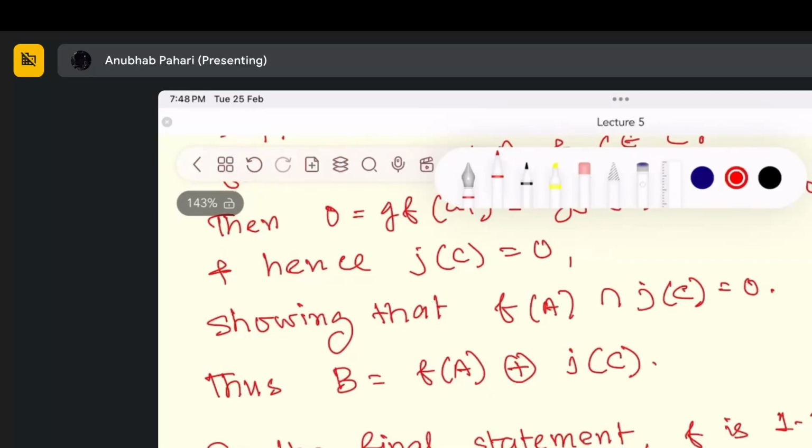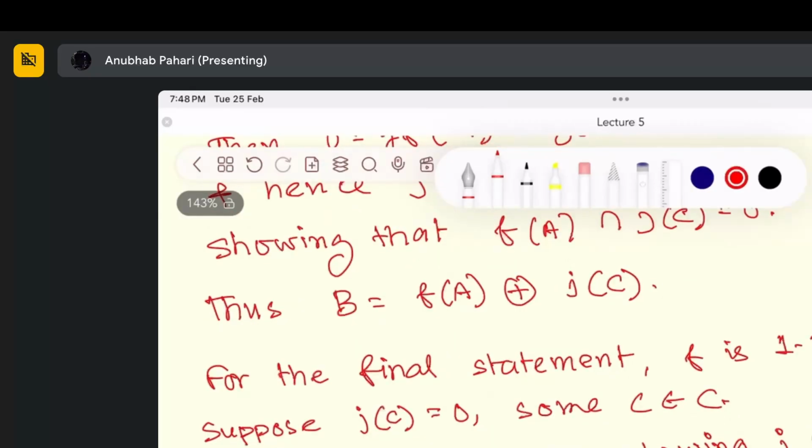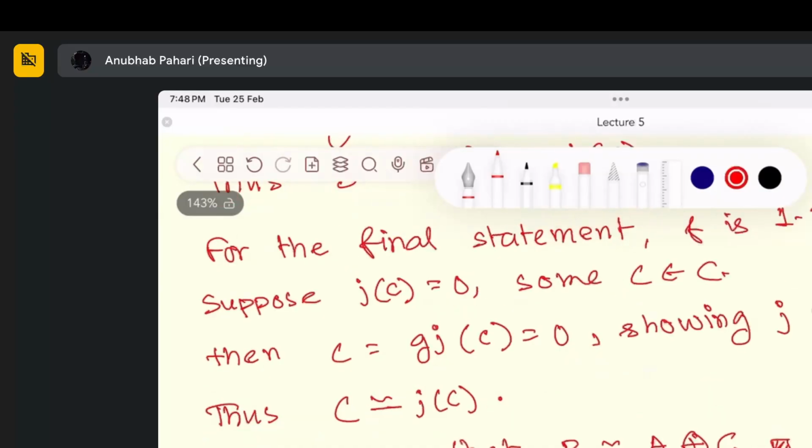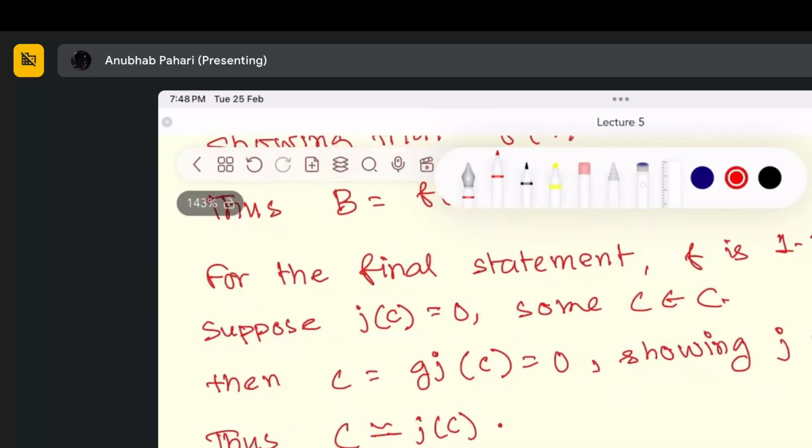Thus C is isomorphic to J of C. It follows that B is isomorphic to A plus C. So actually done.